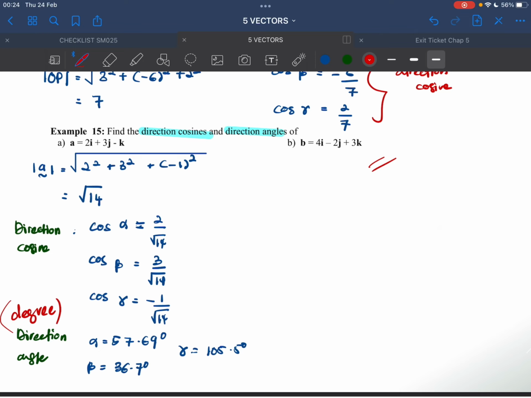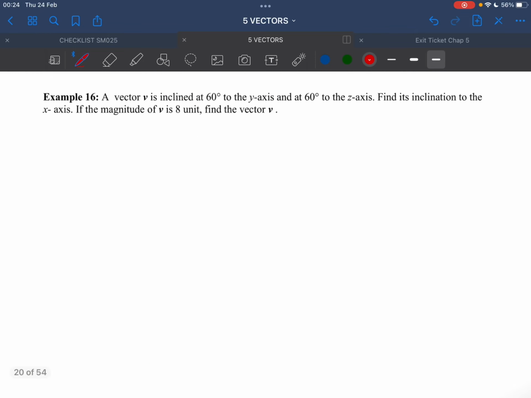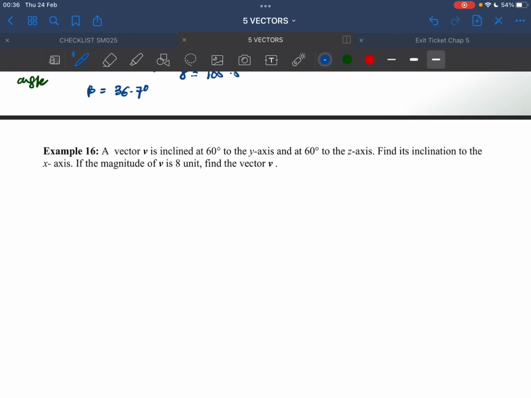Let's see the last example here, example 16. Here we have a vector V inclined at 60 degrees to the y-axis. The angle to the y-axis we call beta, and 60 degrees to the z-axis, so let's call this gamma.